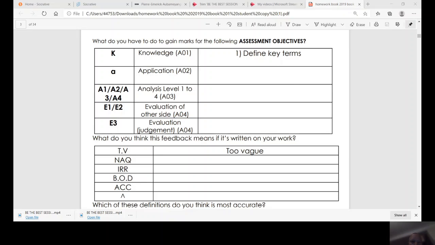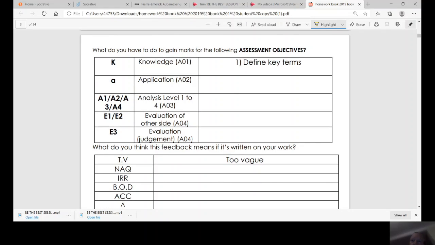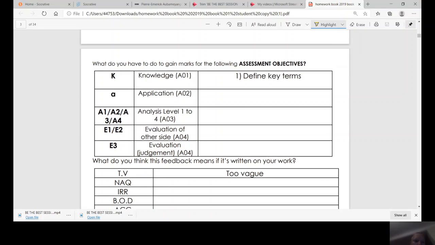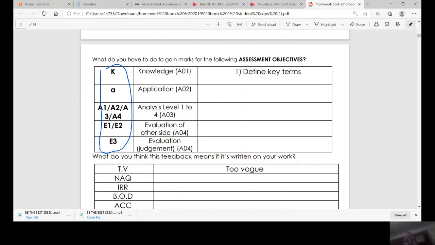So looking down the middle section here, and if you can just make some notes as you go along or refine your own notes if you've already got most of this, what you will see in this column here in terms of the different annotations, these will link directly to the different AOs and the different skills.